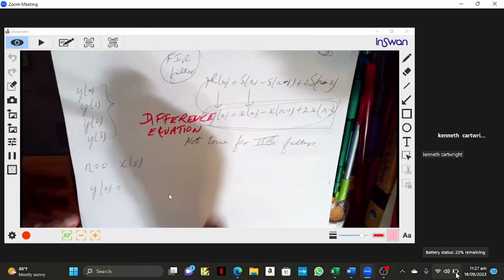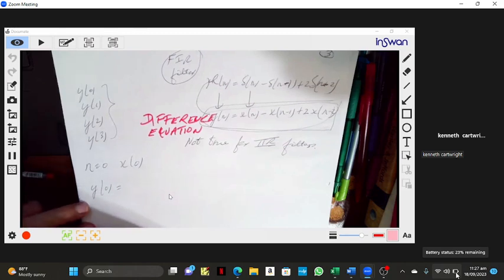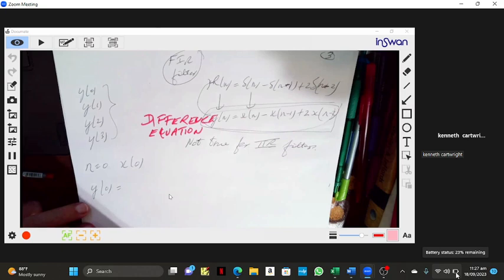How did I get this difference equation? We extracted from the impulse. The impulse. Which impulse? Impulse response.